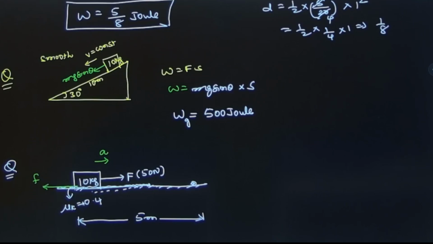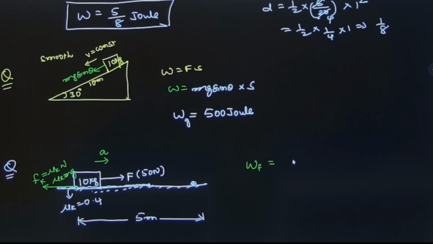Since it is in motion, I am using Fk directly. Fk is equal to mu k into N. N is mg, correct? So mu k N means mg. Now, what is the work done by frictional force?